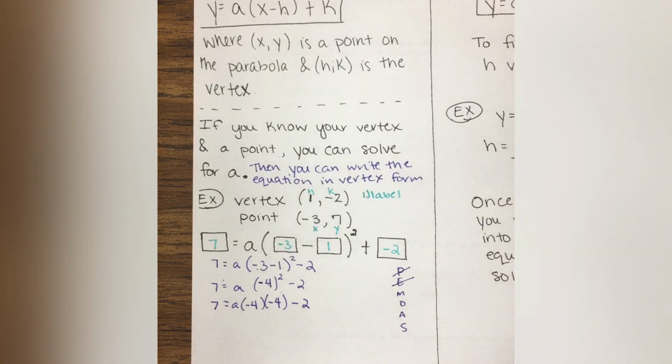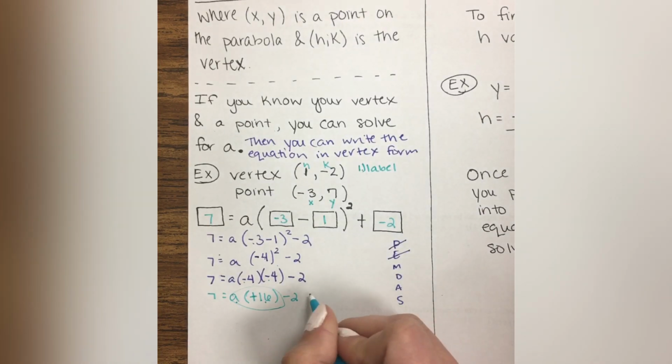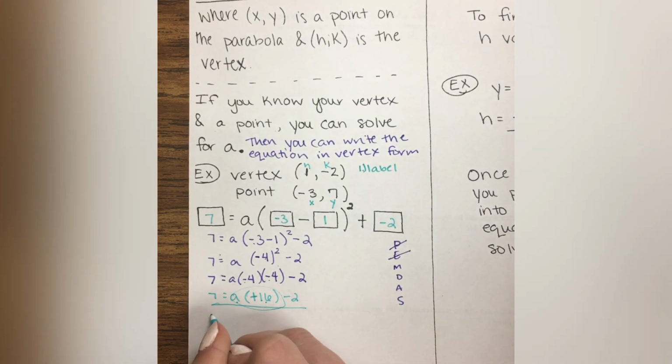So in my next step, I should really have 7 equals a times positive 16, because a negative times a negative gives me a positive, minus 2. Do we ever write our coefficient behind our variable? No. So this should really be rewritten as 7 equals 16 times a, minus 2.